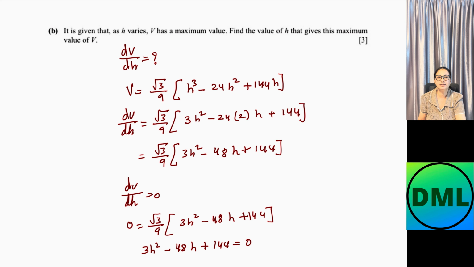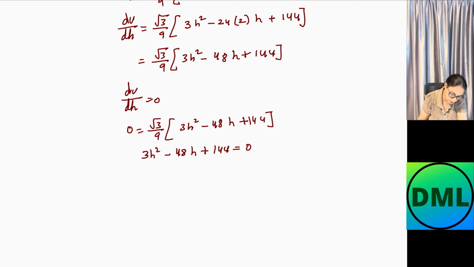Can I simplify this equation? Yes, I can divide this by 3. This will be written as h² minus 16h plus 48 is equal to 0. I need to split the middle term, or I need to apply the formula.